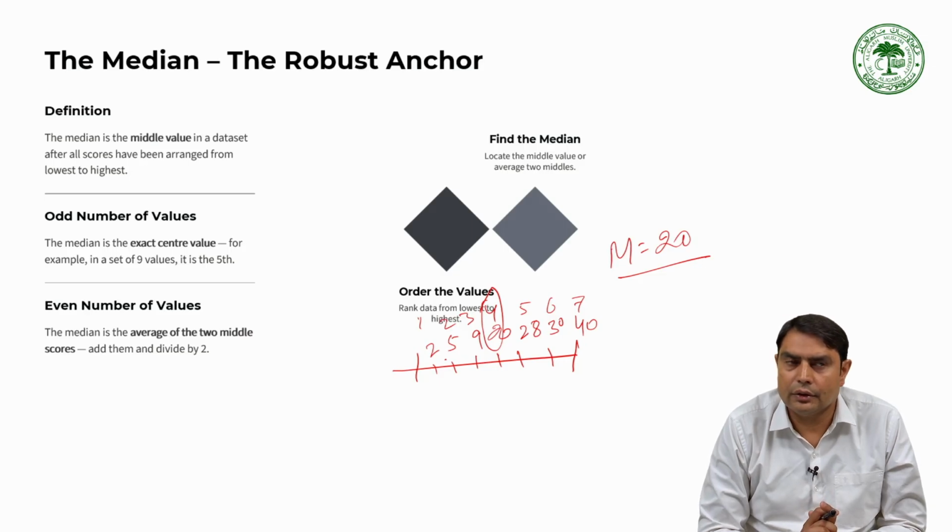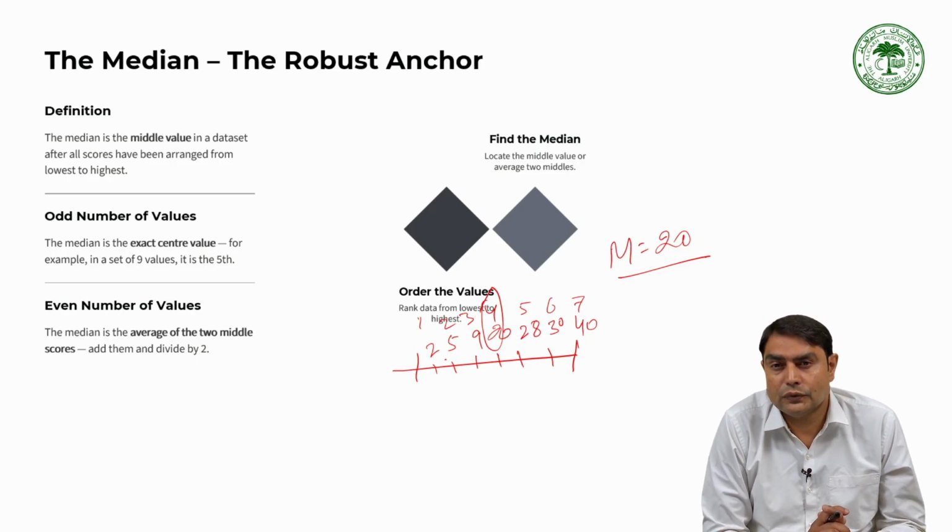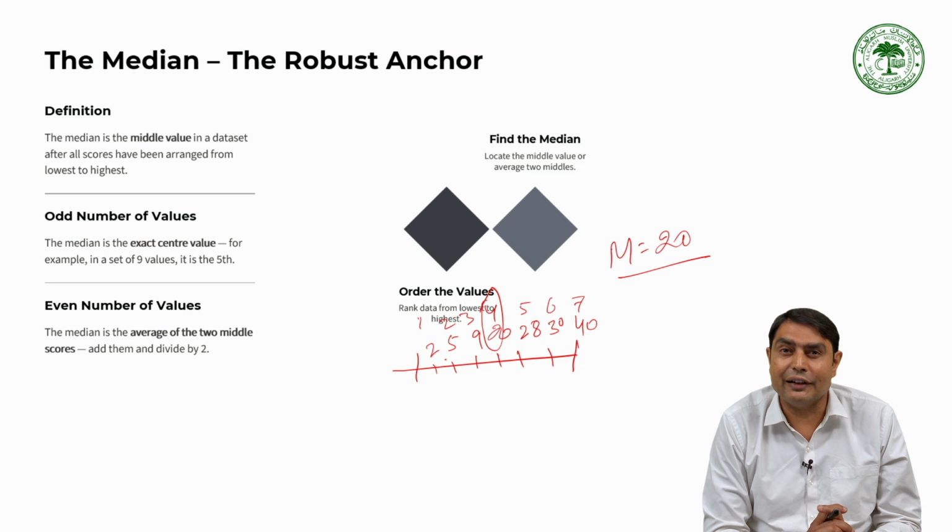Right. So, if I am measuring something where position is important, the median will be the right choice, especially if I am dealing with qualitative data. Like satisfaction level, happiness level, worry level, in the medical industry.